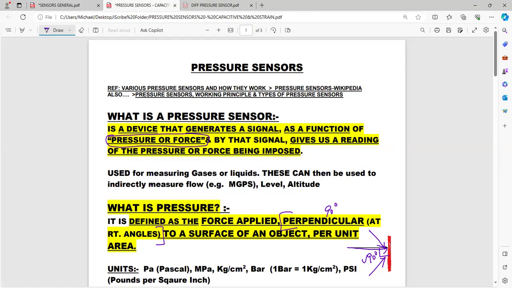If you put any pressure greater than a certain amount in PSI, suppose instead of PSI you give a bar or kg per centimeter square, then you'll blow that diaphragm to bits. Is that clear?